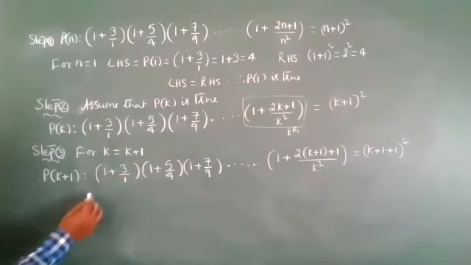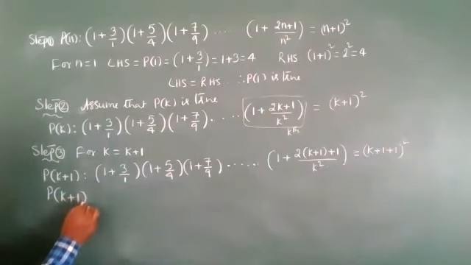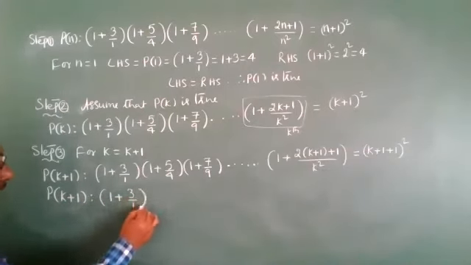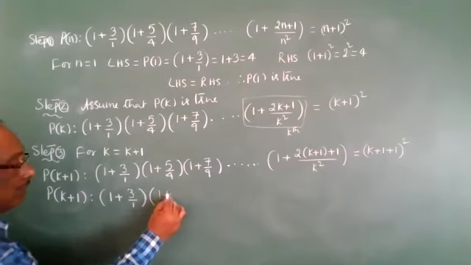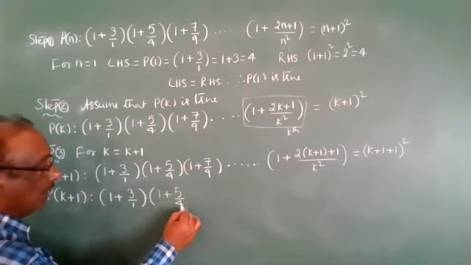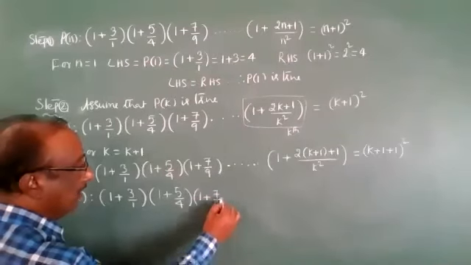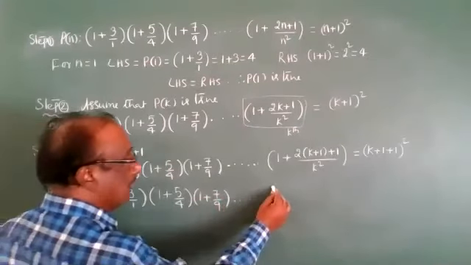Simplify everyone. So P of k plus 1 statement is equal to 1 plus 3 by 1, second bracket 1 plus 5 by 4, into third bracket 1 plus 7 by 9, dotted, dotted, dotted.